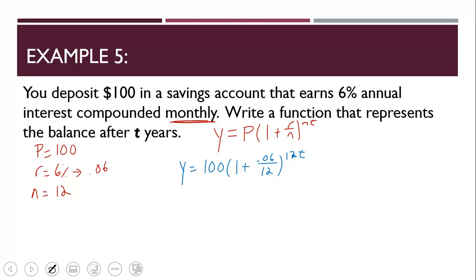If you want to divide that 0.06 over 12, you certainly can, but it's perfectly acceptable to just leave it like this. And again, all I'm doing here is I'm just plugging in values into my function to determine what it's going to be. If it said, what's the balance after 50 years? I'd plug in 50 for T, and I'd get my solution.